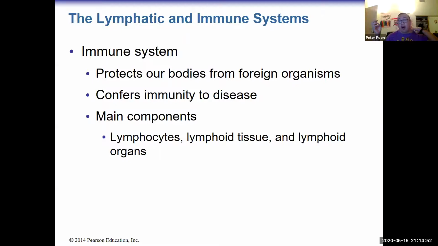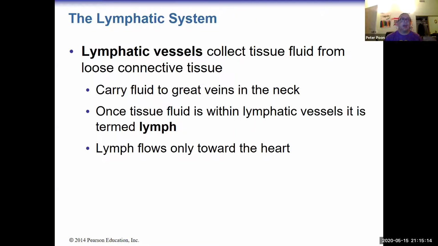So the lymphatic system works very slowly, so the immune system can check on the lymph flowing through our body and see if there's any microorganisms or viruses and stuff growing there. So the lymphatic vessels collect the tissue fluid from loose connective tissue.